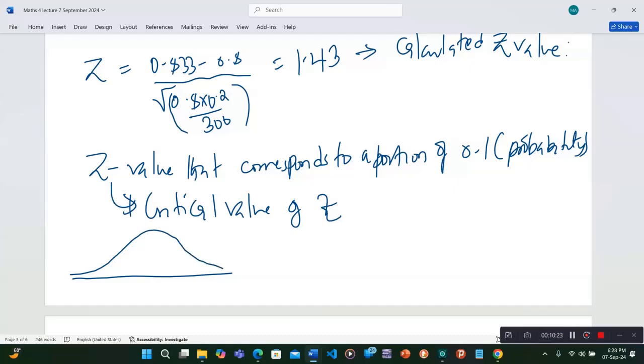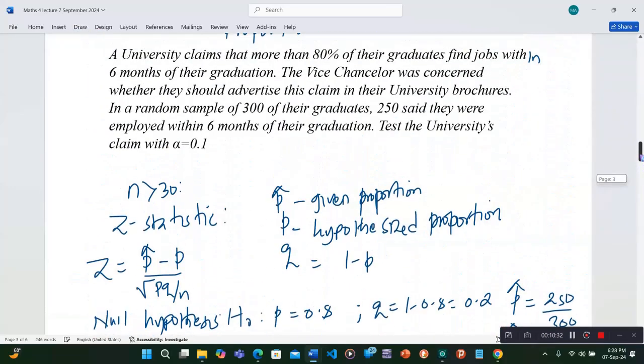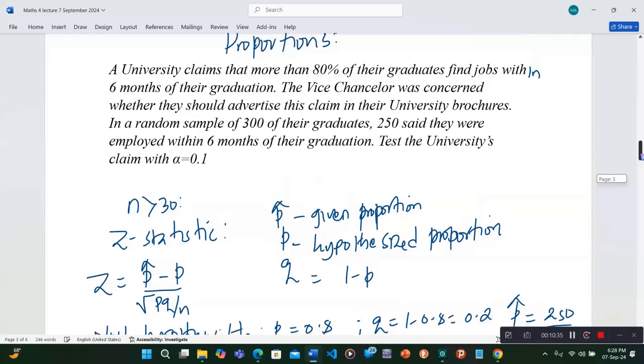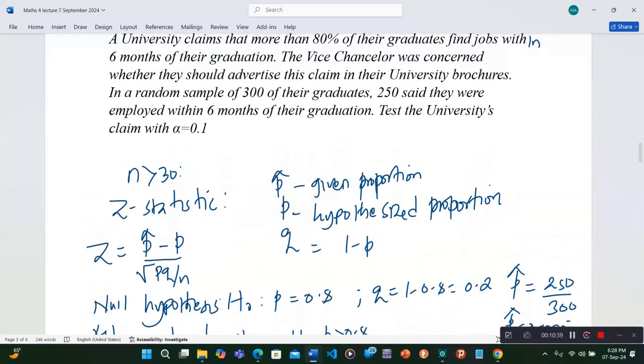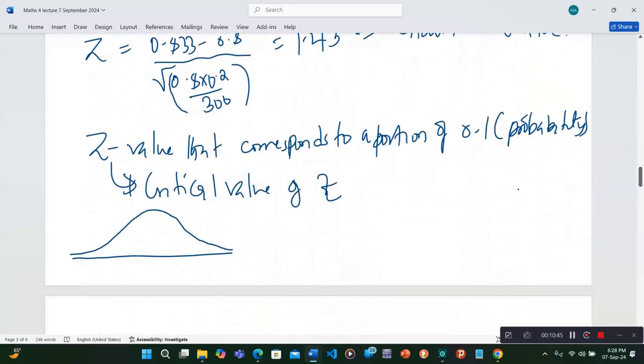So what we are going to do, let's draw our normal distribution curve. The value that we are looking for is that we are looking at more than. So we are looking at a one tail test, which is a right tail test. So we are looking at values on this other side of the curve.